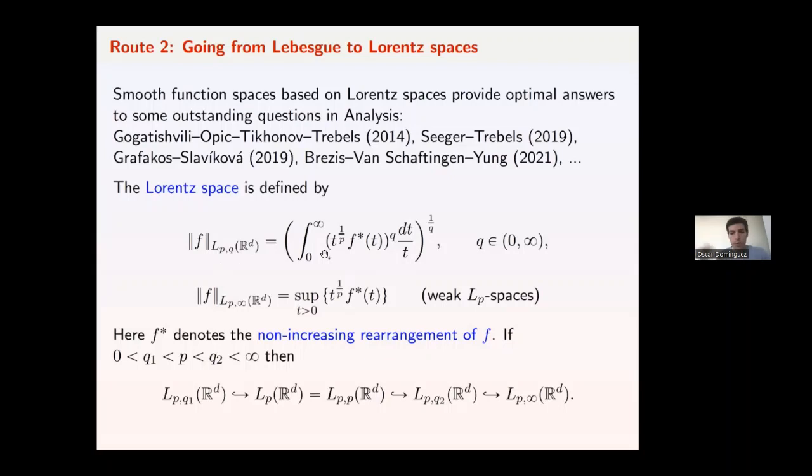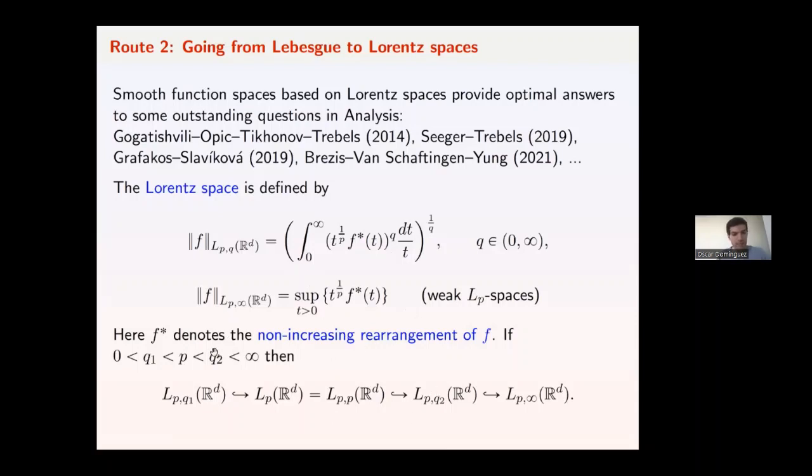Roughly speaking, you need the non-increasing rearrangement of your function to behave like t to the power -1 over p, with an additional decay near 0 and infinity, in order for this condition to be satisfied. As usual, if q is equal to infinity, we have to replace the integral by the supremum, and these spaces are also known in the literature as weak L^p spaces, or Marcinkiewicz spaces.